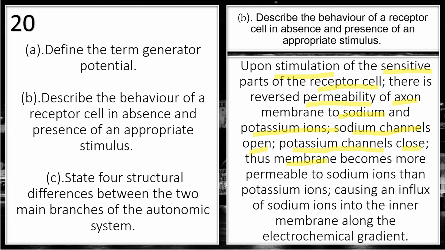Thus, the membrane becomes more permeable to sodium ions than potassium ions, causing an influx of sodium ions into the inner membrane along the electrochemical gradient.